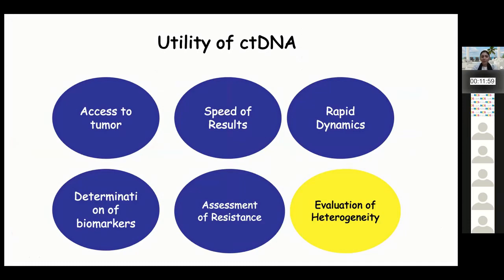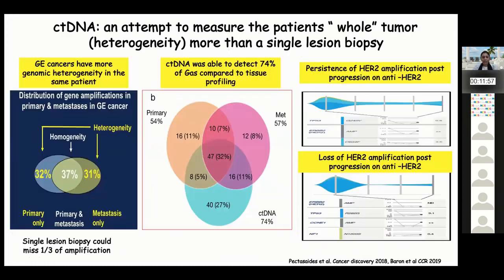So finally, what about evaluation of heterogeneity? We know that heterogeneity is something that can cause a problem, especially when you're trying to do biopsy of tissues. One part may have a different molecular profile versus another part, and this is more visible in patients with GE junction tumors more than CRC tumors, and you can see that from a study that actually looked at the distribution of gene amplifications in primary and metastatic lesions in GE cancers.